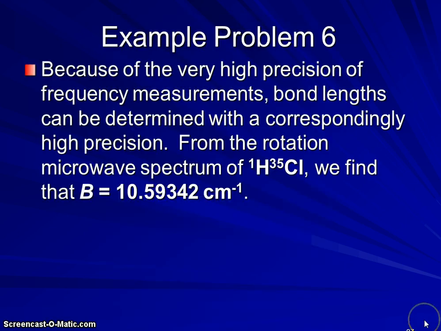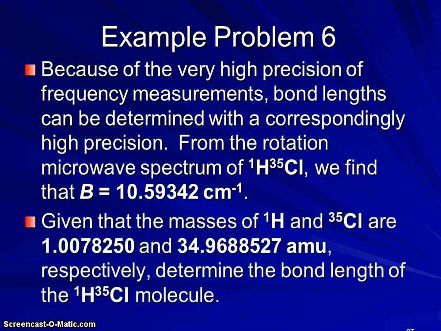Now frequency measurements can be made with a lot of precision, so bond lengths can be determined with very, very high precision. So if I give you the rotational constant out to 7 significant figures for HCl, and give you the masses out to even more significant figures for those two atoms, you should, based on everything we've been able to talk about, determine the bond length of HCl to extremely high precision.